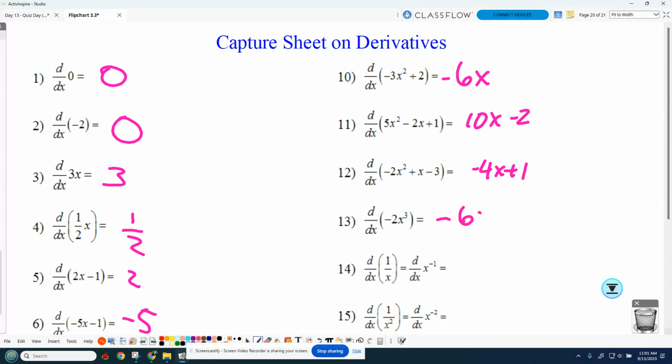Sophia, negative 6x squared. Jeremy? Ooh, the hard one. Pass, call a friend. Felipe? 1 over square root of x.